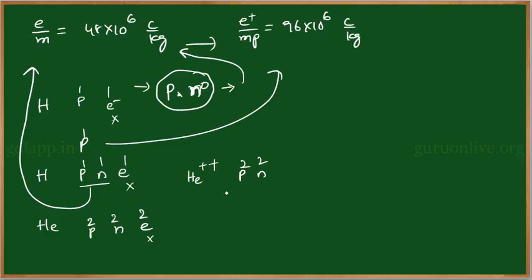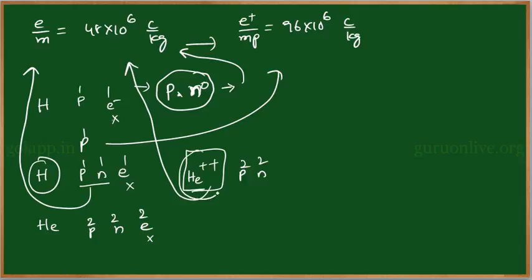So the e by m ratio of helium++ will be the same as the given particles' e by m ratio. That means we can say these particles are also helium++ ions. So we have two types of answers: one is deuteron and one is helium. Even lithium 3+ also exhibits the same e by m ratio.